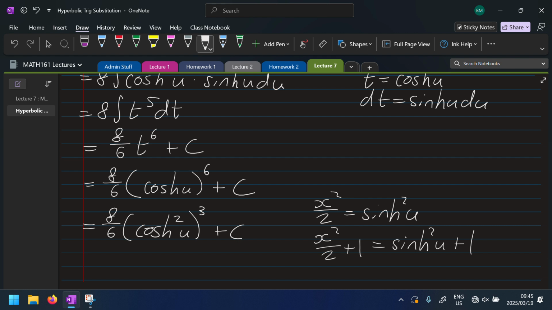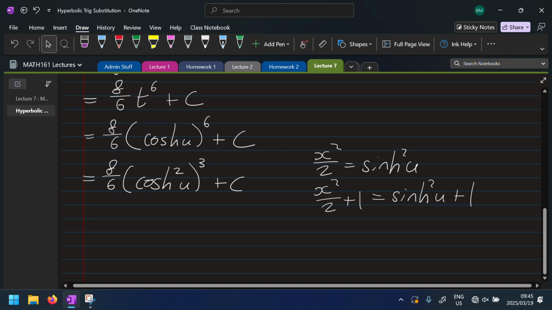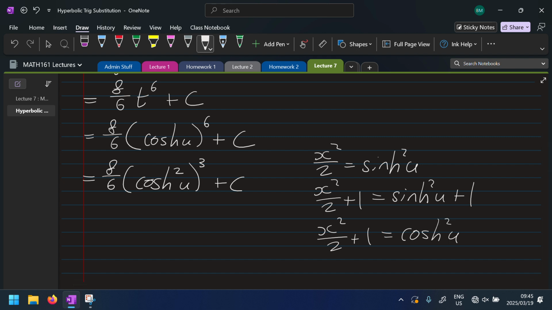Now sine hyperbolic squared u plus 1, that's cos hyperbolic squared. So x squared over 2 plus 1 equals cos hyperbolic squared u, which is what we wanted. So we can just substitute now, and we can simplify 8 over 6. That will be 4 over 3.